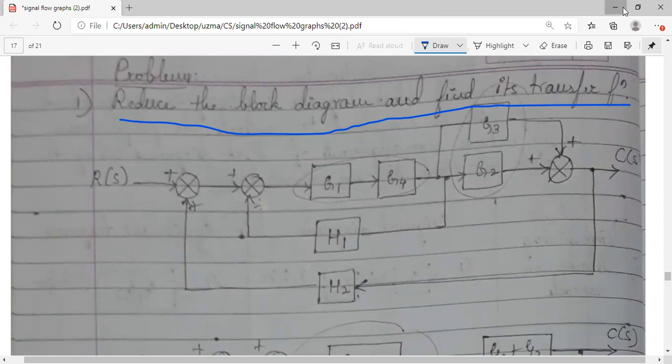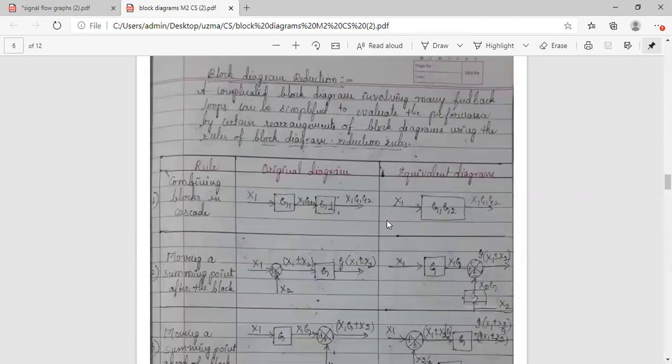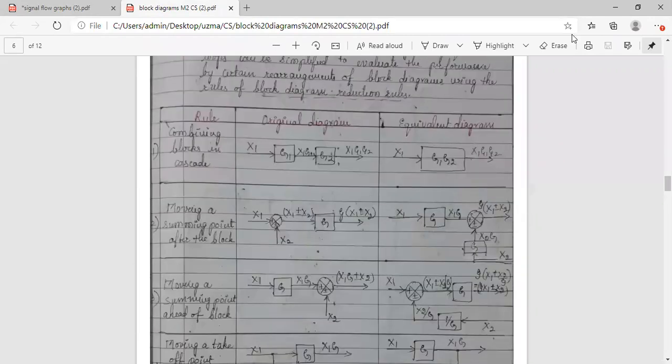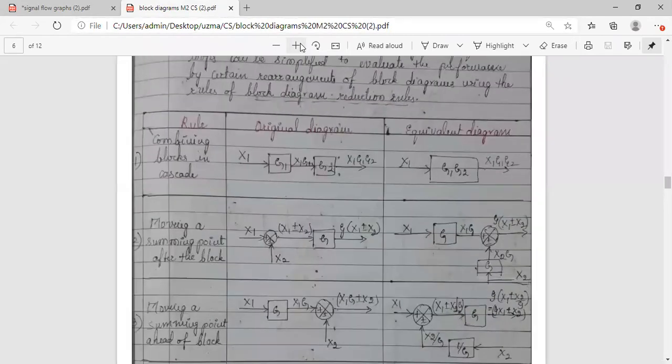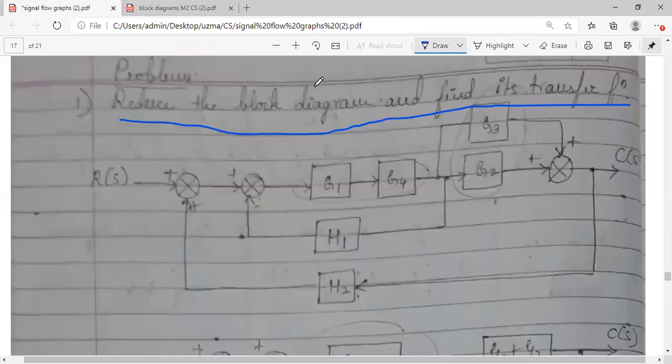Let me just see if I can open that block diagrams slide. It will be easy if that particular slide is with us. Yeah, I have it. So these are the different rules we have to refer to while reducing the block diagrams.